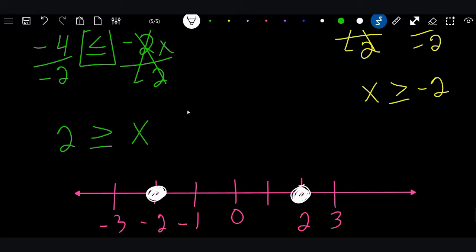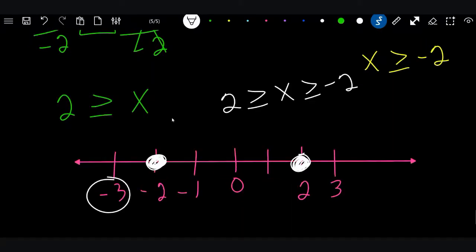Now the question is, do we fill in the middle or do we fill in on the outsides? And what we have to do is we have to test some points. So remember, I said that one good idea is to join those together. 2 is greater than or equal to x is greater than or equal to -2. Okay, and so now we're going to test points in there.